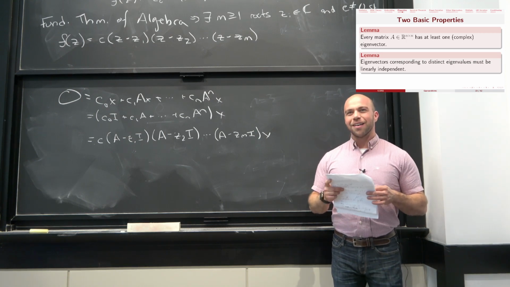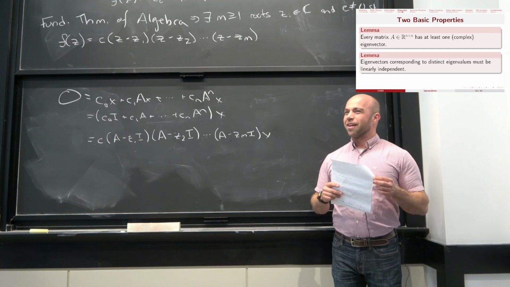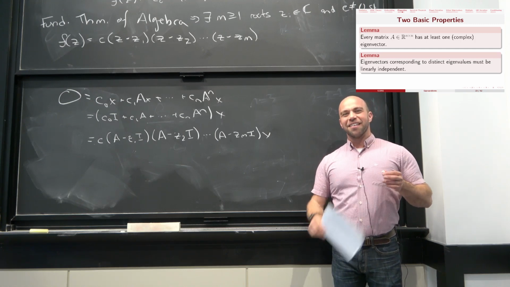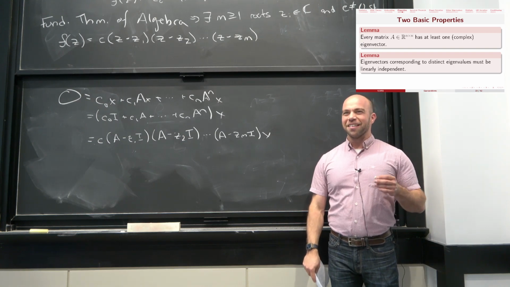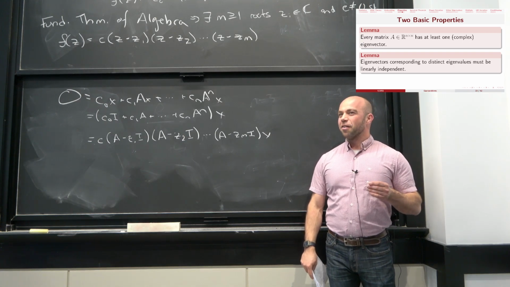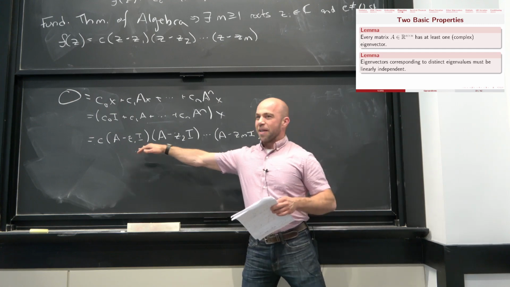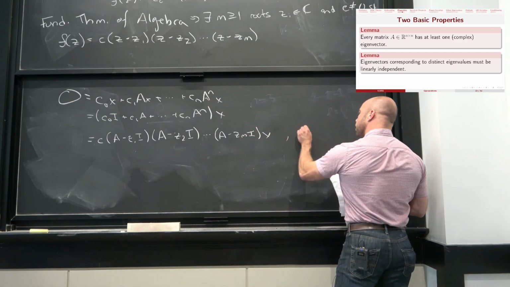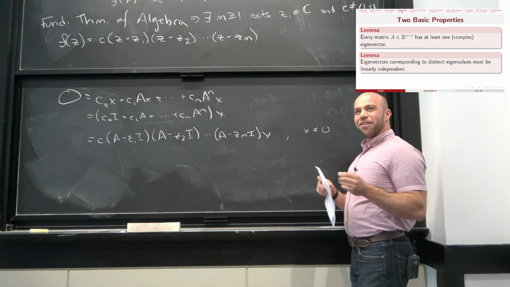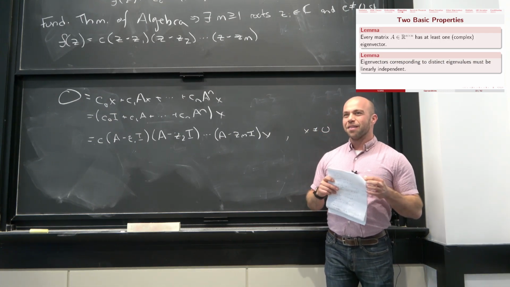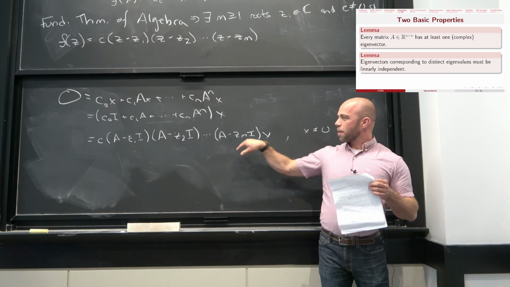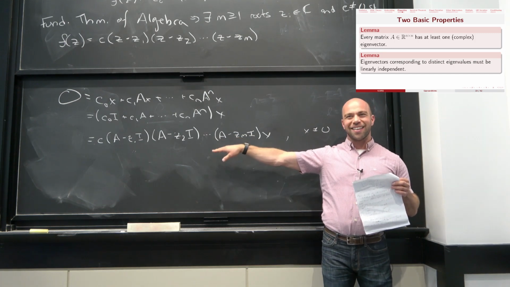Okay. So what are we going to do? How can we conclude now that there exists an eigenvalue? I claim we're actually pretty much done. This is a really slick proof. So, we have that a big product of matrices times x is equal to 0. Moreover, we know that x is not equal to 0, just by definition, right? So we have two cases. Either this big product of matrices is invertible or it ain't.